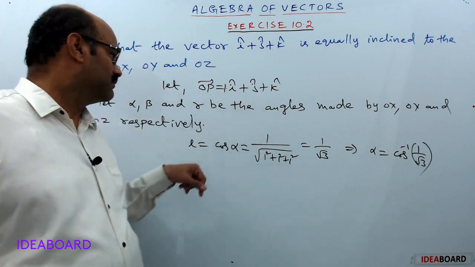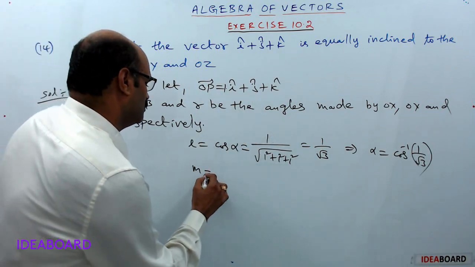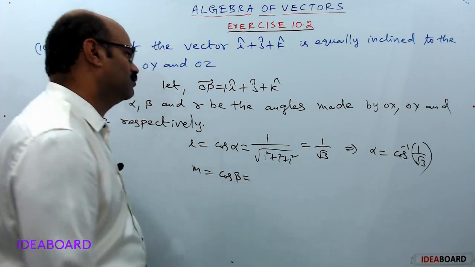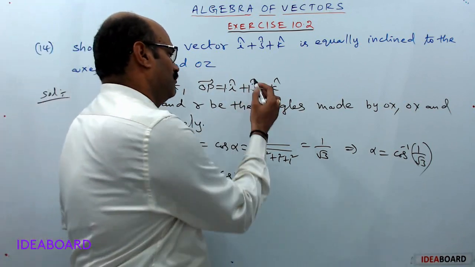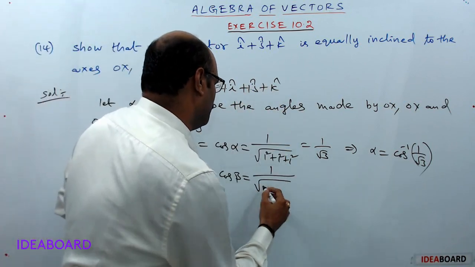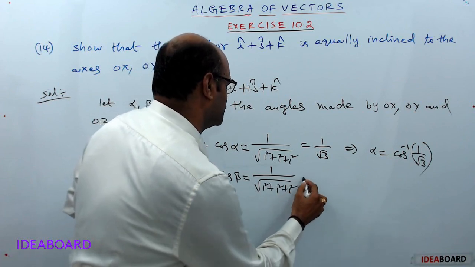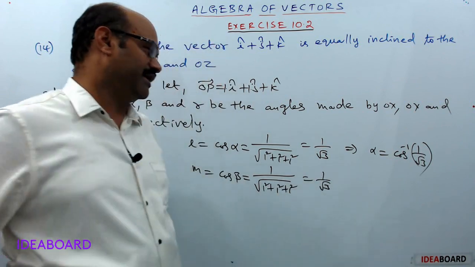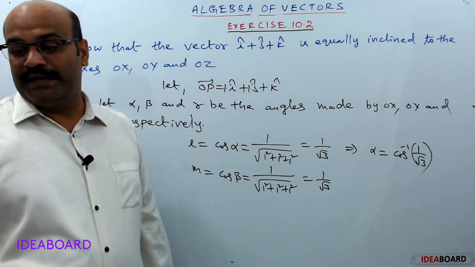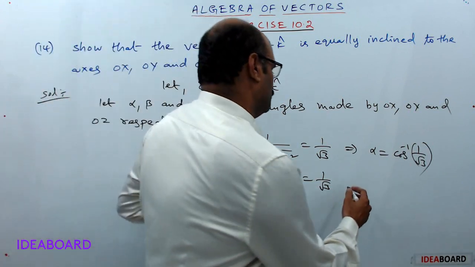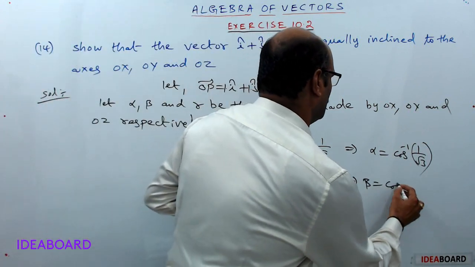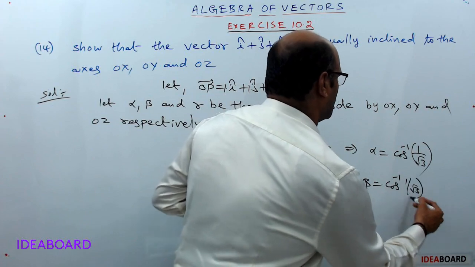Similarly, m equals cos beta equals 1 upon square root of 1 square plus 1 square plus 1 square, which is 1 upon root 3. It implies beta equals cos inverse of 1 by root 3.